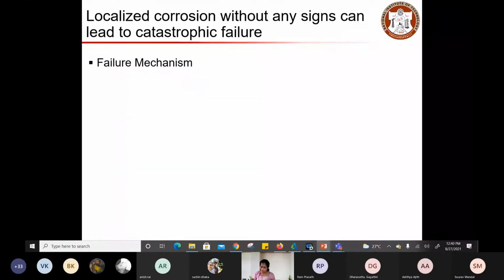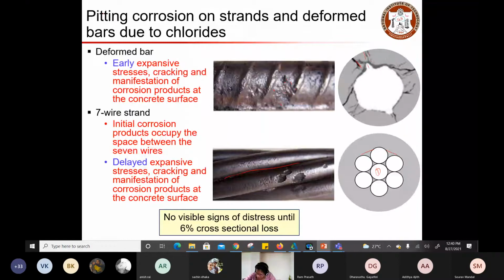Fine. So if you look at the failure mechanism, as I told, when you have chloride-induced corrosion, your corrosion is going to be localized and based on pit formations. Here also you can see for solid rebar, there are a lot of pit formations on the surface, whereas for the strand case, the pits will be much deeper.